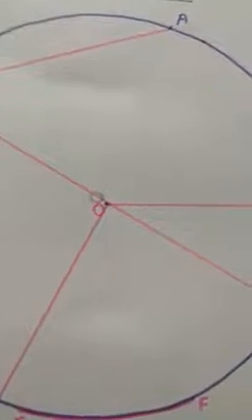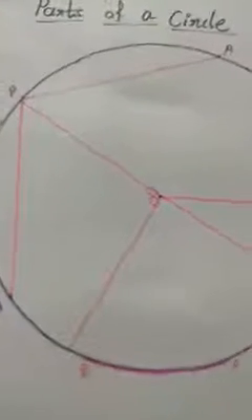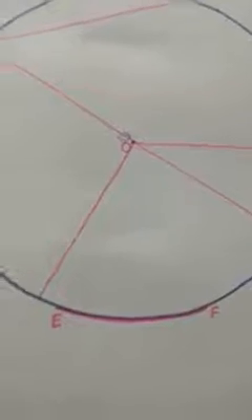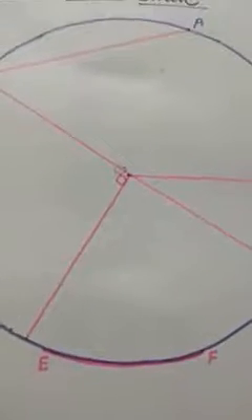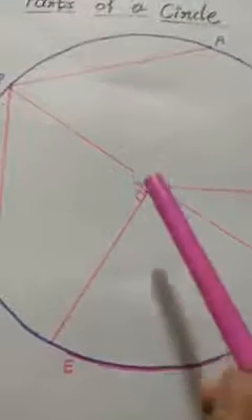Then what is a diameter? A diameter is double the size of the radius. Say OE or OC or OM or OP are radii. Radius is singular, radii is plural. Then what is diameter? It is double.